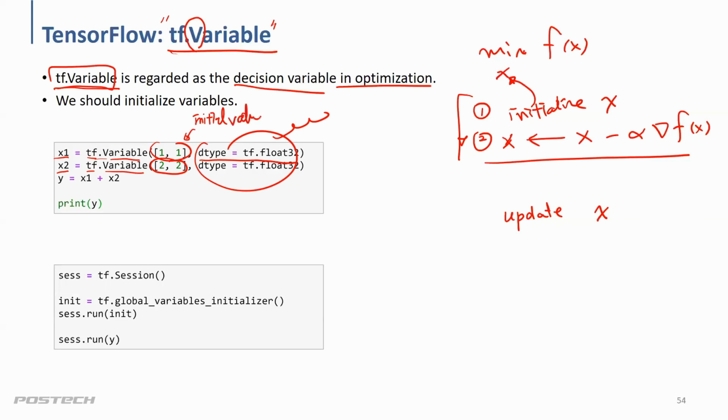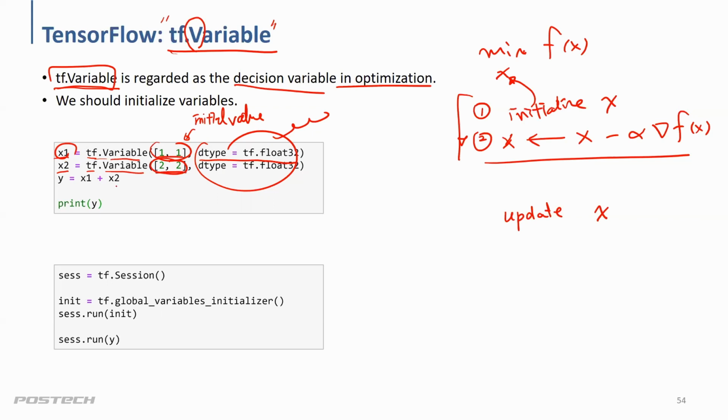When you create x1 in your memory, we define it as tf.Variable, then the computer knows that the value will be updated and changes over iterations. But at the very first time, I'm going to reset or initialize it with these.